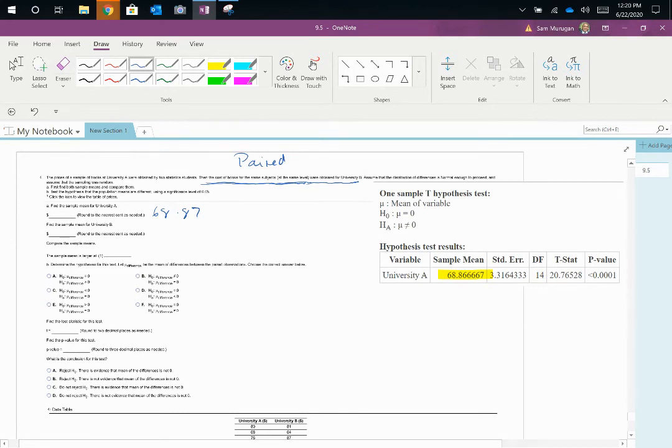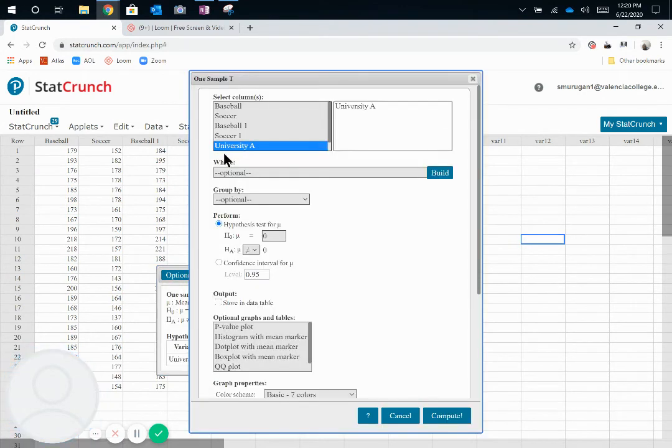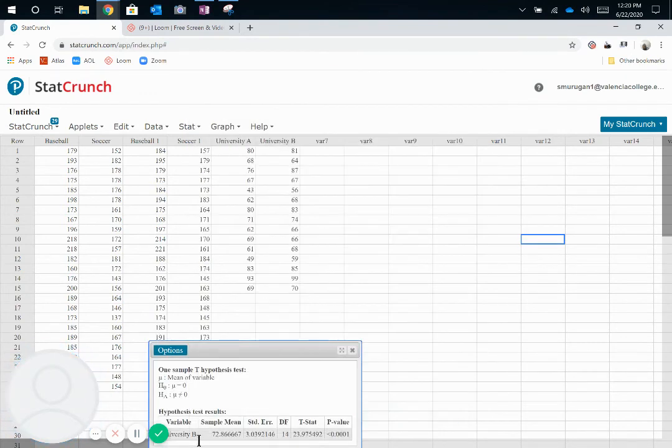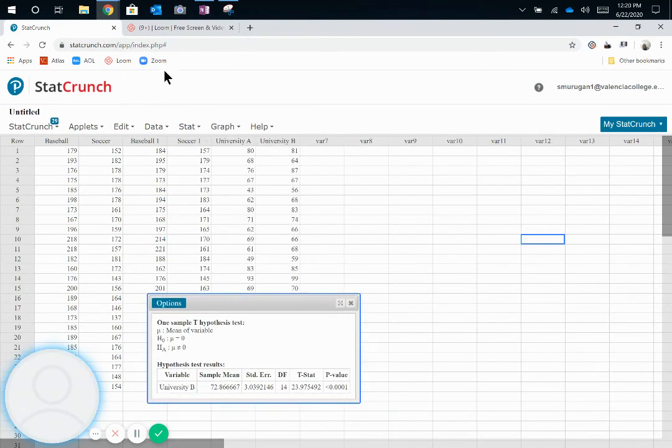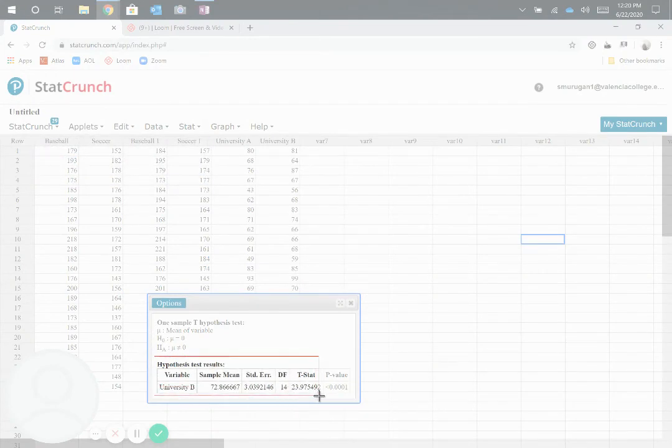And I can take the second set of data. I'm going to go back to options, edit this, and take it for University B instead, compute it, and I can see that the sample mean this time is 72.87.